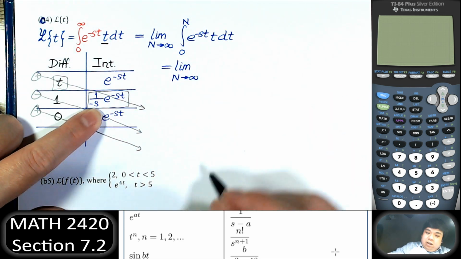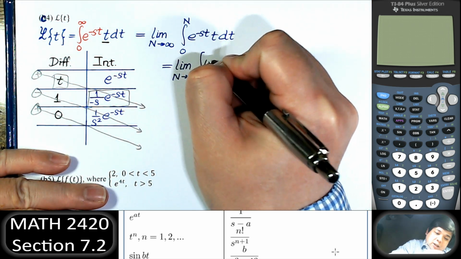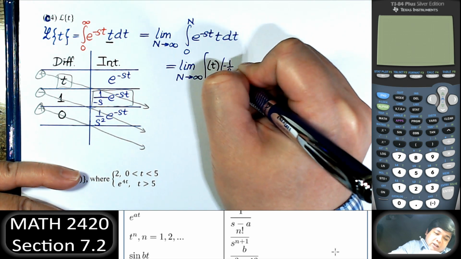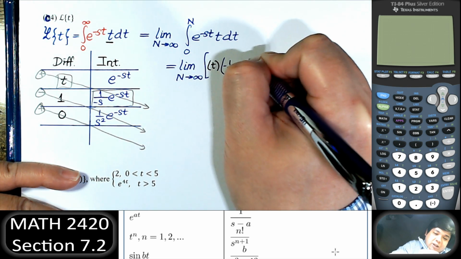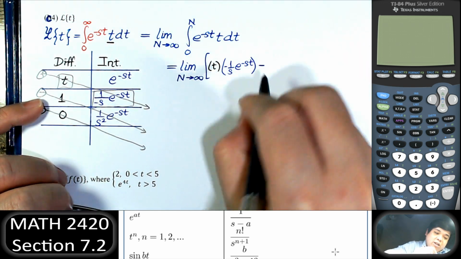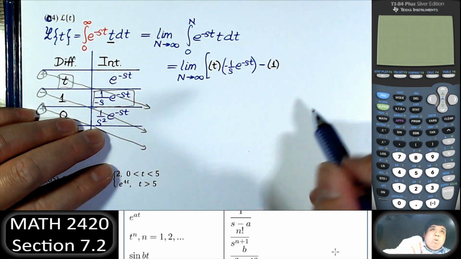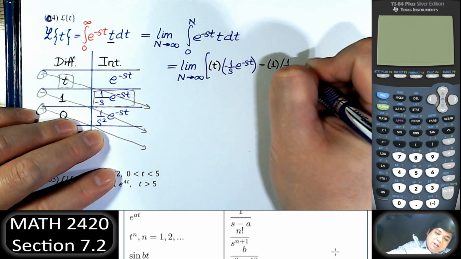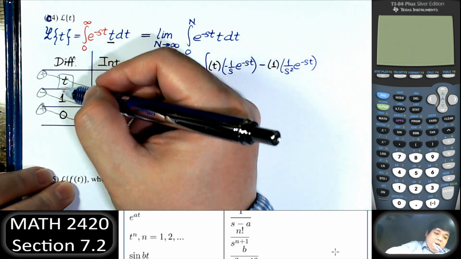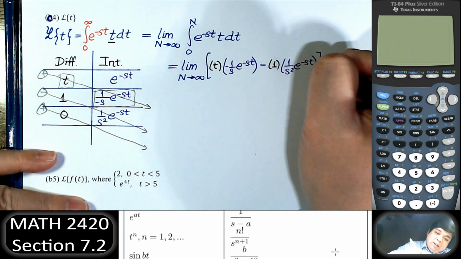So multiply this t by negative 1 over s e to negative st, and then subtract 1 times 1 over s squared e to negative st. Once again, differentiated, integrated, going from 0 to n.